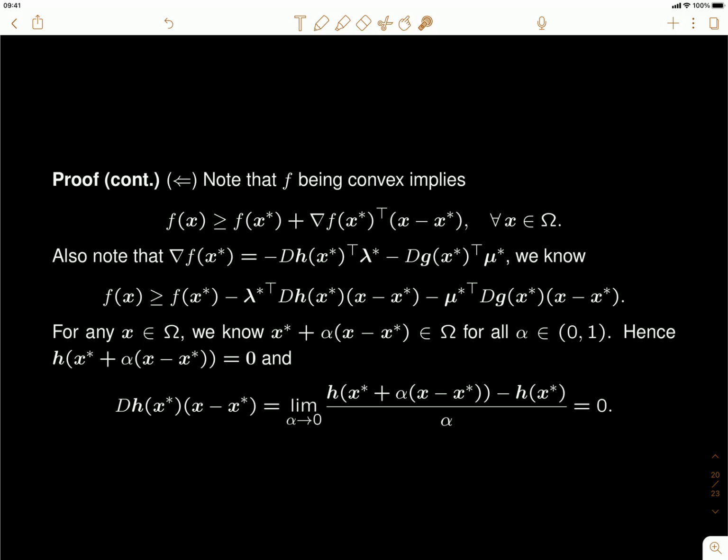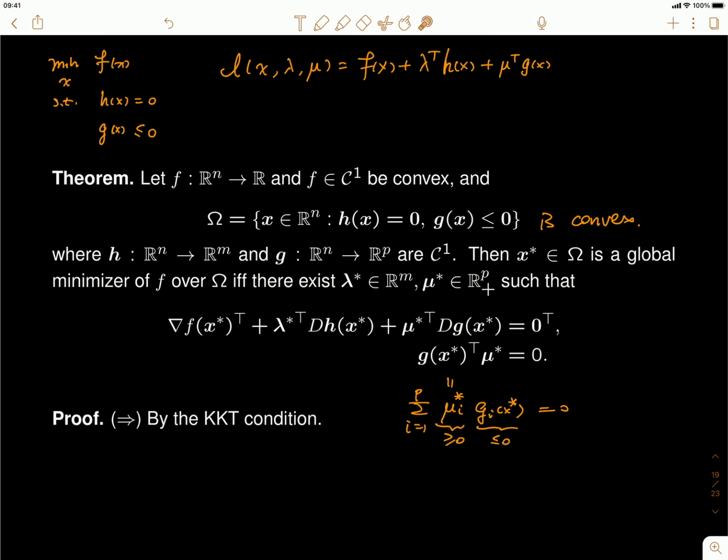Okay, to prove this, let's first recall that the function f is a convex function. So that means for any x in the set omega, this inequality holds. Right? This is what we have been doing several times so far. So because of this, we know that the gradient f added by these two terms is equal to the 0 vector.